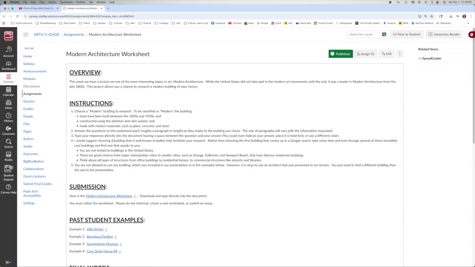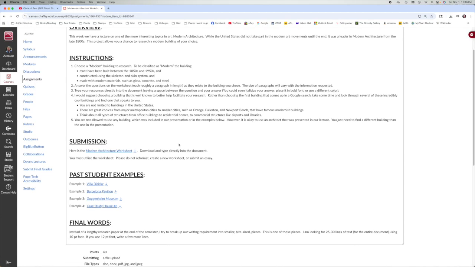his lifetime. You're going to need to choose a modern building, which means that it needs to be built within specific years, from the 1850s to the 1950s. It needs to be constructed using the skeleton and skin system. This is something that I talk about during the lecture. Basically, stay away from anything that has a classical motif, which would include columns and arches, things like that.